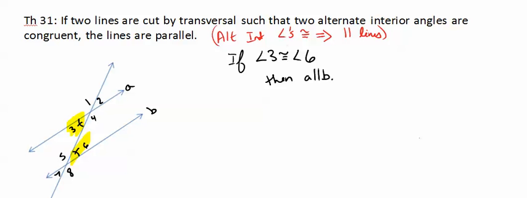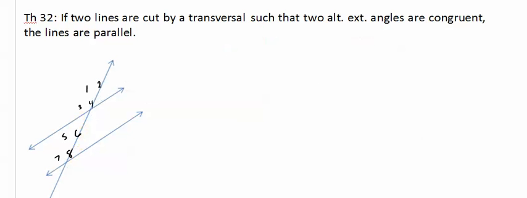I'll be using the same diagram for the next following, so you can use that in your notes instead of rewriting it each time. The next theorem is theorem 32. If two lines are cut by a transversal such that the two alternate exterior angles are congruent, then the lines are parallel.